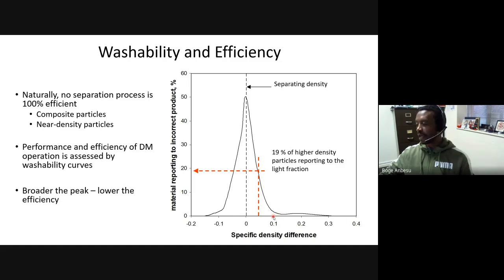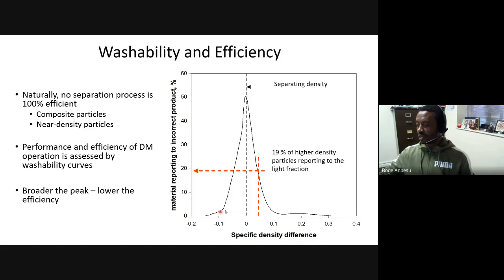Okay, and minus 0.1 on this scale shows a particle with specific gravity of 1.4. So we have 1.4, 1.5, and 1.6. So if a particle has specific gravity of 1.5, it has equal chance of going to either the sink or the float. So material will report to the incorrect portion at 50%, which means it can go to either the sink or the float.